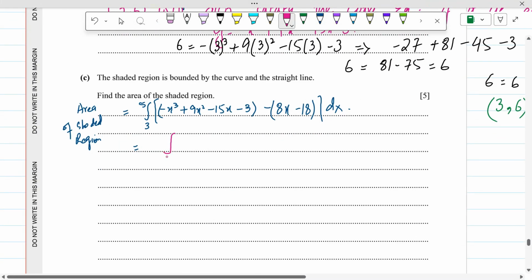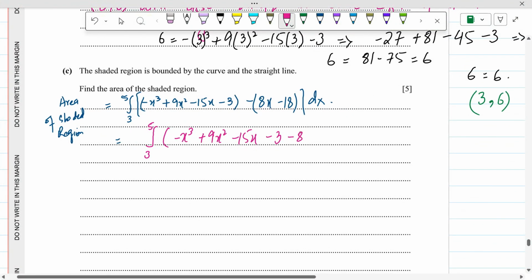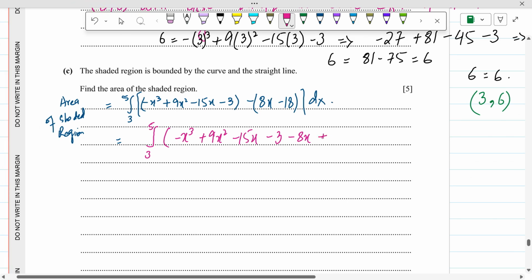So we have the integration from 3 to 5 of negative x cube plus 9x square minus 15x minus 3. Negative times 8x is negative 8x, and negative times negative 18 is plus 18, with respect to dx.